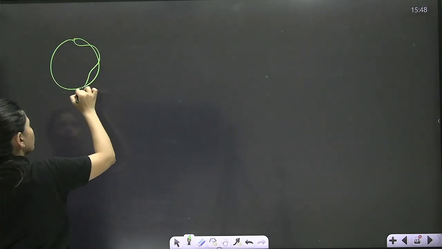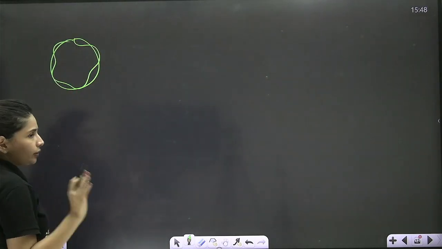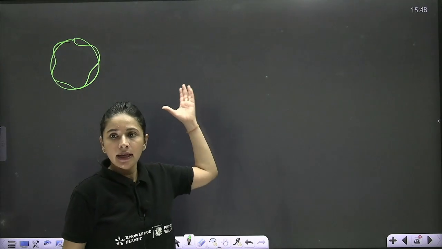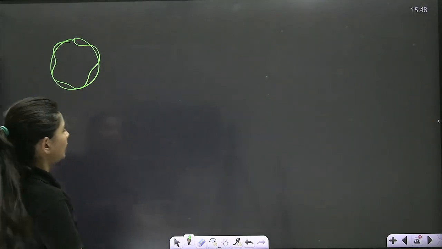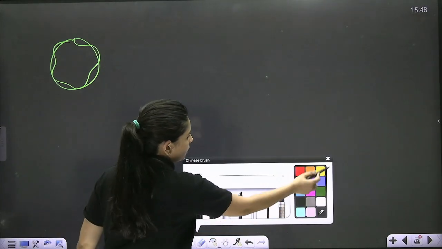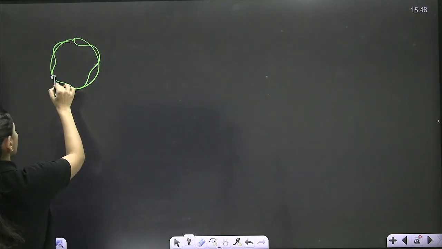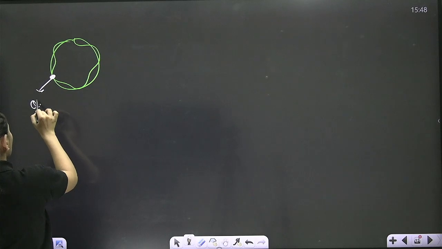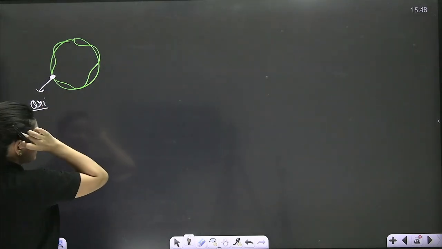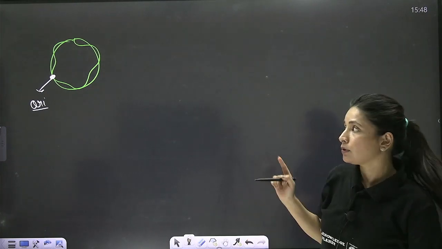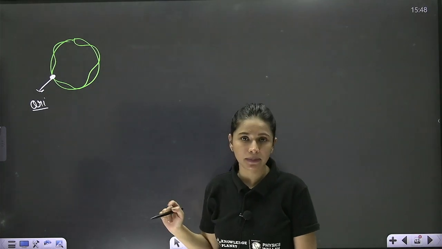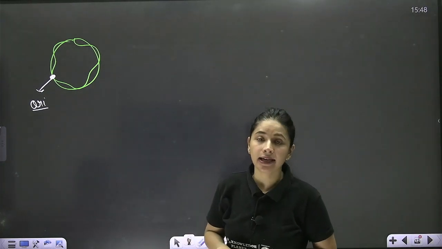I'm showing the prokaryotic replication. In prokaryotes, the DNA is double-stranded and circular. Every DNA has its ori, the origin point of replication. This is the point from where replication has to start. This ori is recognized by an enzyme called helicase.